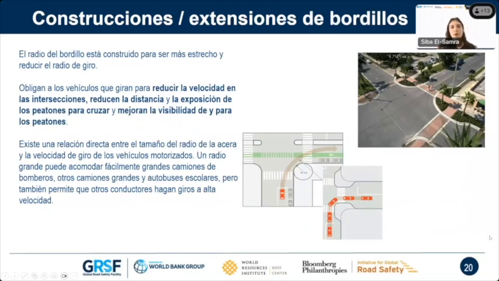Another form of curb extensions are those that happen at an intersection, at the corners. The main purpose of this is to slow down the movement of turning vehicles. It forces them to slow down as they turn, but also to turn into a crosswalk at a perpendicular movement, as you see here in the bottom photo, the orange car.